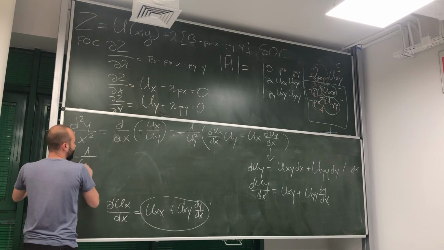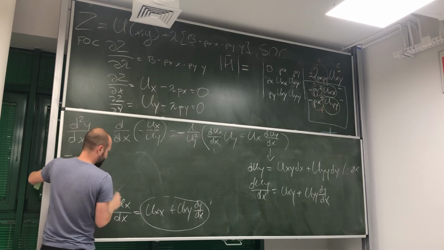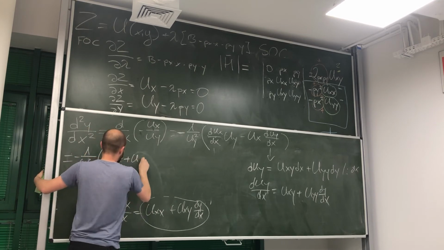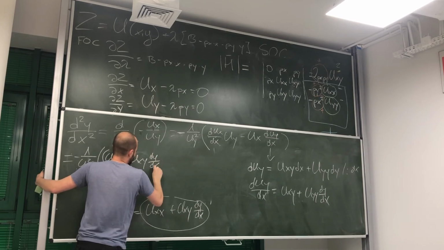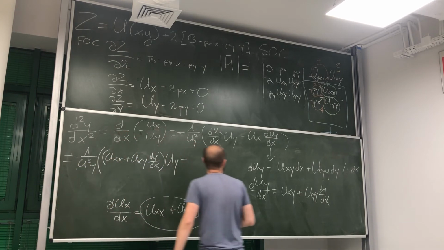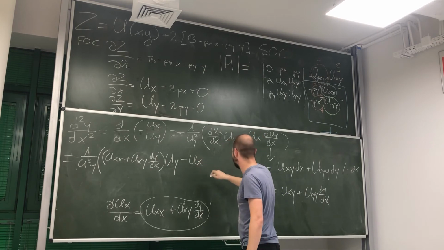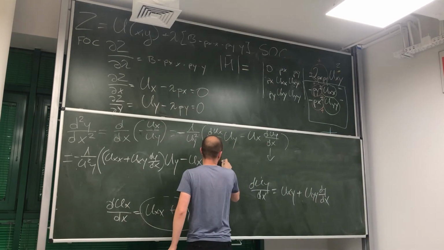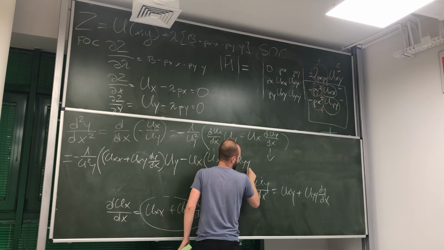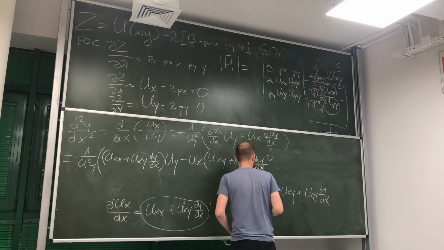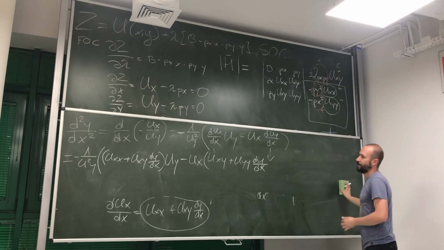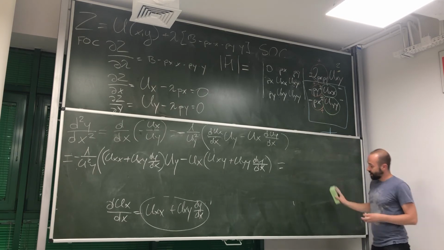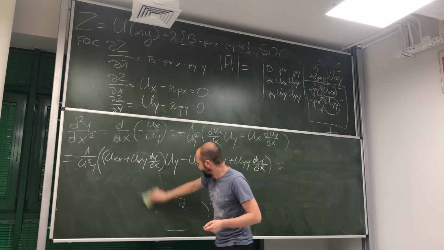So negative 1 over uy squared times uxx plus uxy dy over dx times uy, minus ux times, and you will now have this expression: uxy plus uyy dy over dx. Okay. Now, it still might not look like much, but we are getting very, very close to the end.